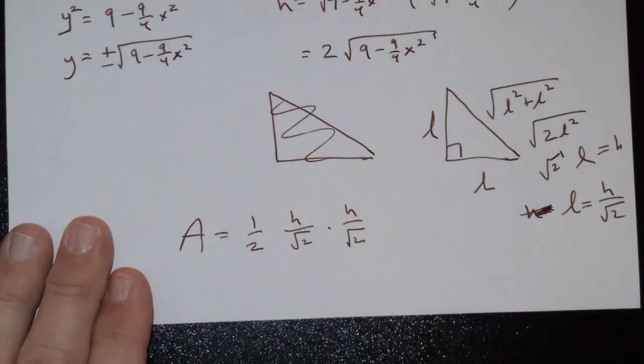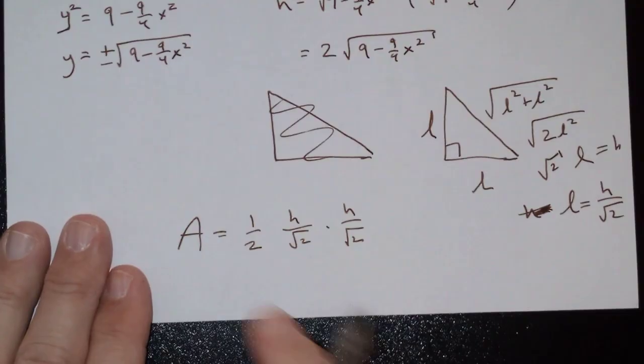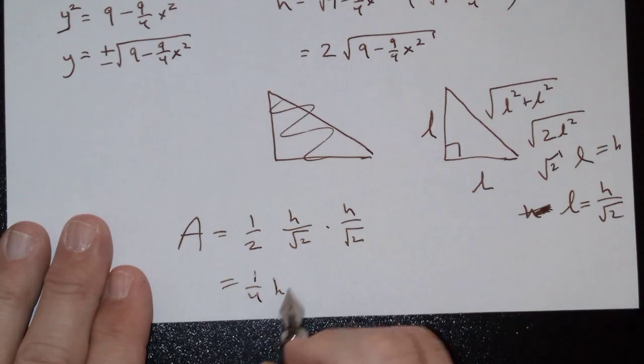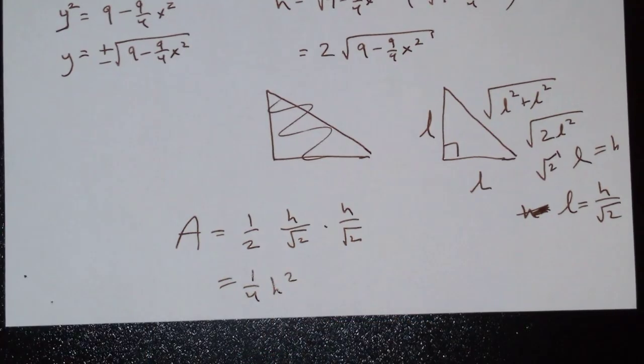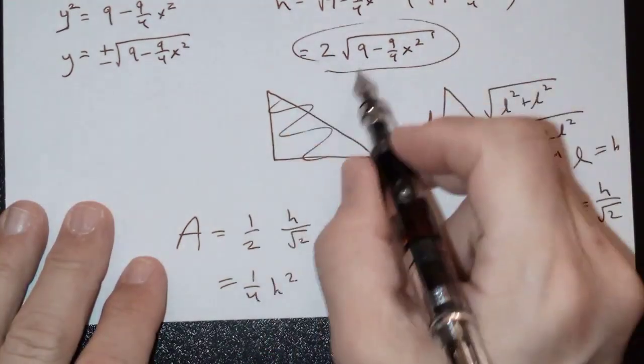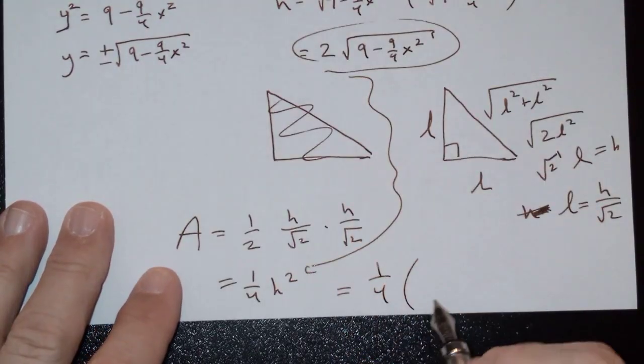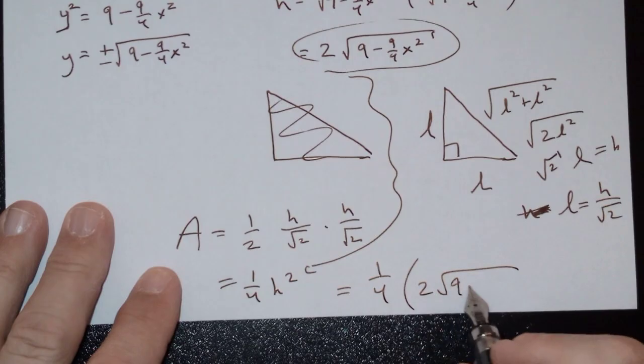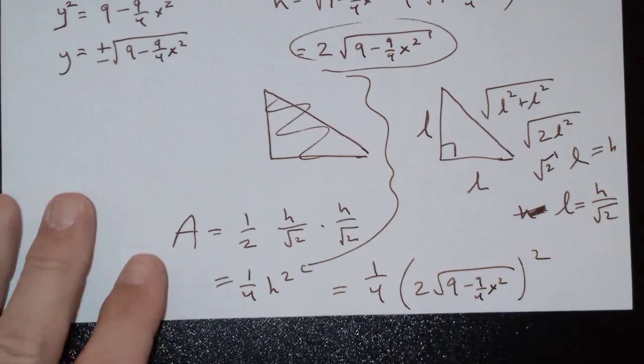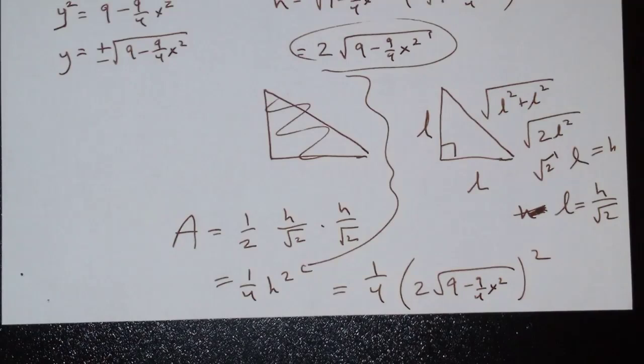Root 2 times root 2 is another 2. What's about to happen that's really, really nice?